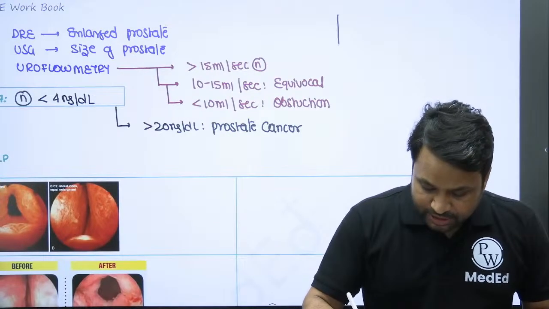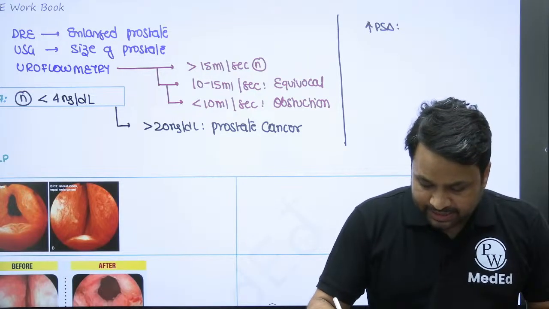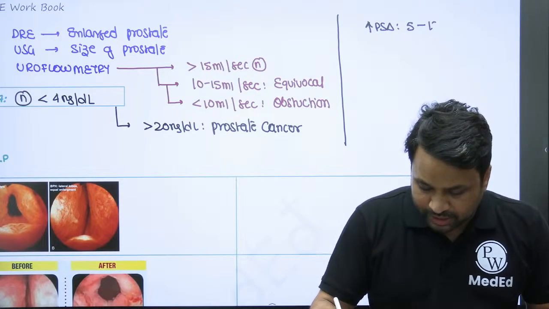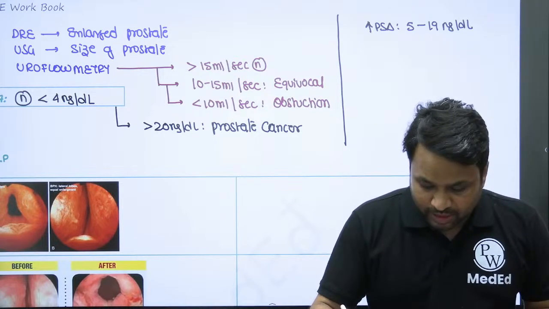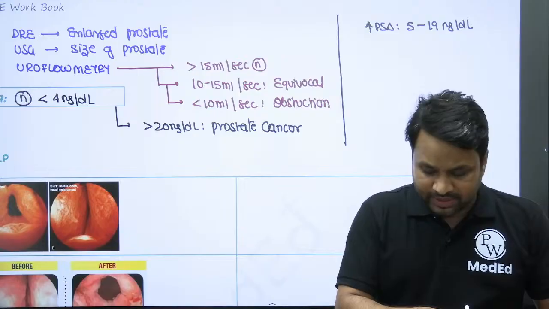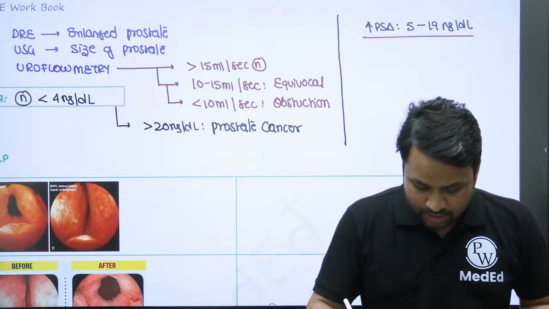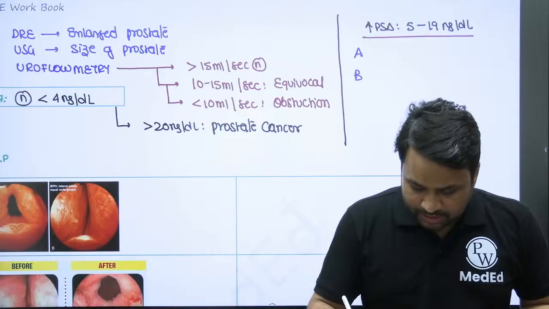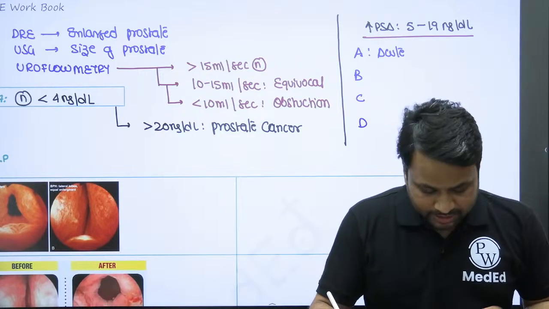In which condition do you have elevated PSA? Elevated PSA, that is between 5 to 19 nanograms per deciliter. This 5 to 19 nanograms per deciliter, you will see in the context of the following: you have A, B, C, and D. A stands for acute bacterial prostatitis.